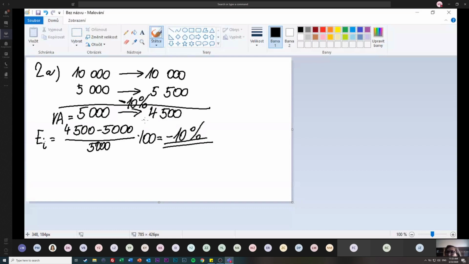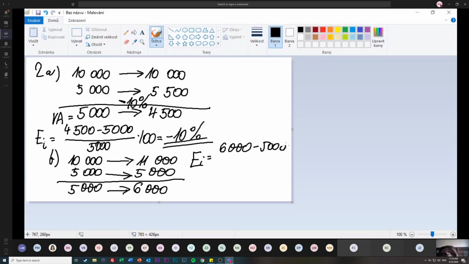So you can see definitely that there is the increase in the value added. Again, if we use this formula, it's plus 20%, and you can see really that there was the increase in the value added of 20%.